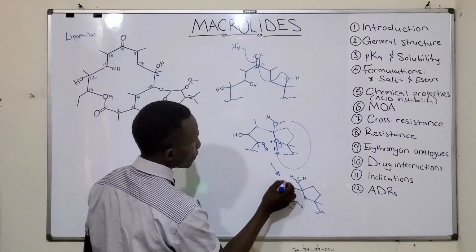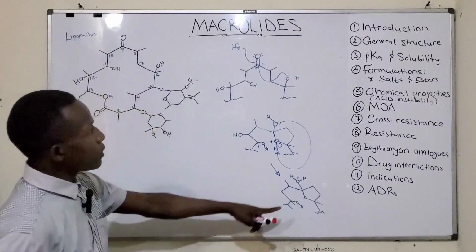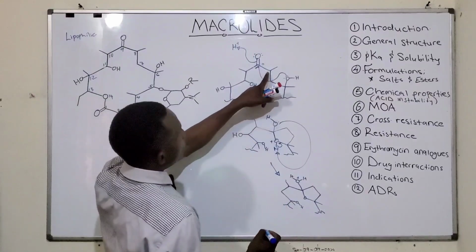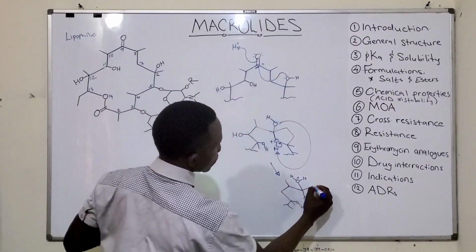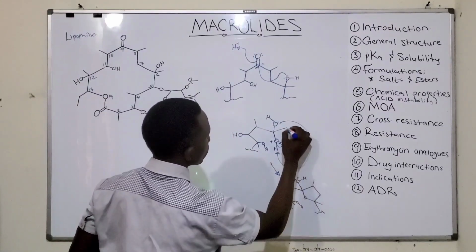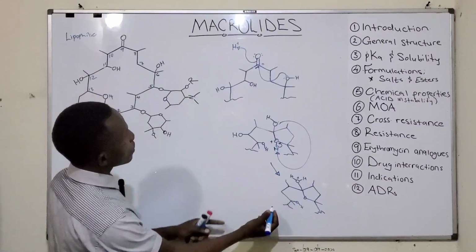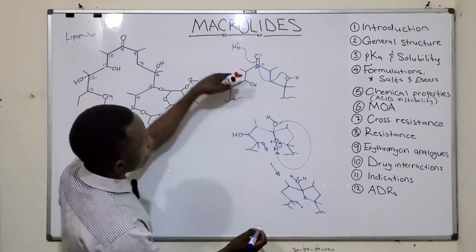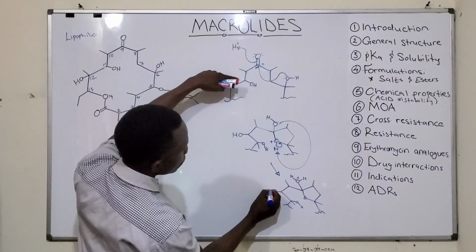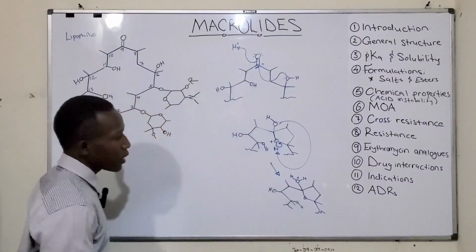And a methyl group here. There is a methyl group at carbon 8 here. Still have a methyl group here, also here. Here is an OH group. This is what we have.